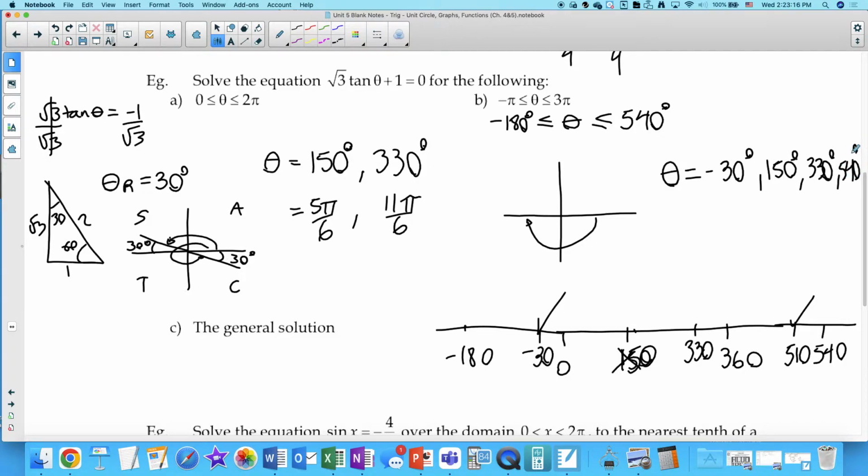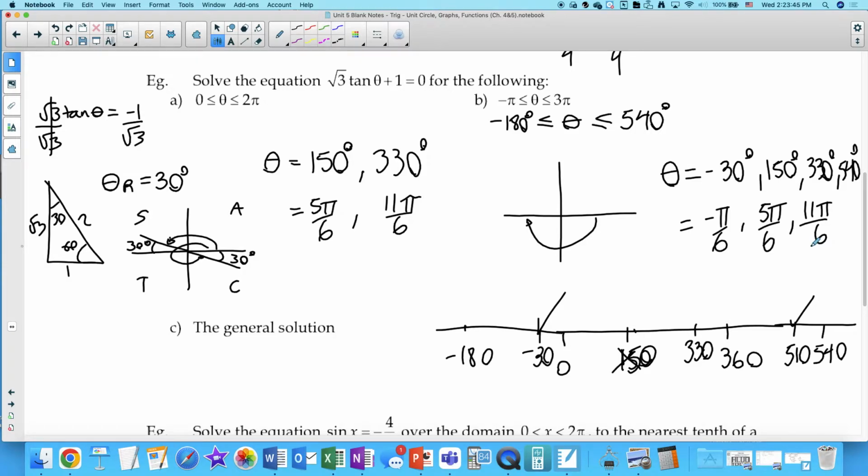But then in radians, negative 30 is negative pi by 6. These ones we've already done, 5 pi by 6 and 11 pi by 6. Whoops. Every time I write 11, I feel like I want to put the pi symbol instead. Okay, 11 pi by 6, and then 540. Okay, so 540 times pi over 180. 540 over 180. 54 over 18.